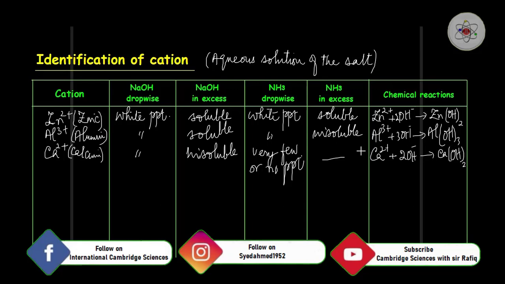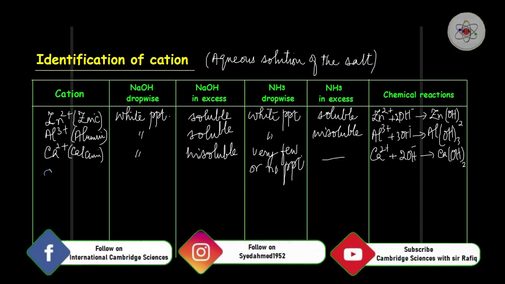So these are basically insoluble hydroxides which appear as white precipitates, and when we add excess sodium hydroxide, two of them are soluble and calcium is insoluble, and the two which are soluble will be distinguished when we add ammonia as a reagent, first dropwise and then in excess.